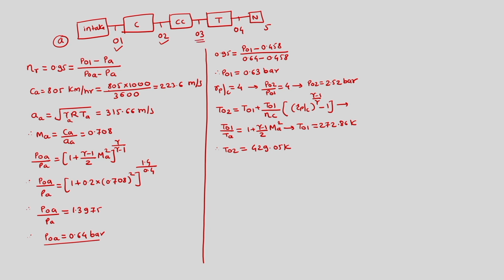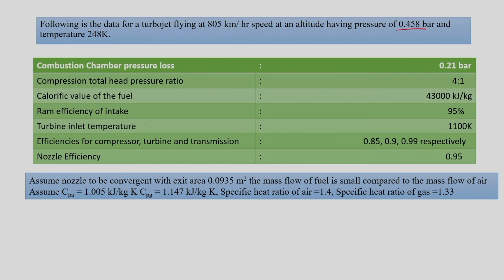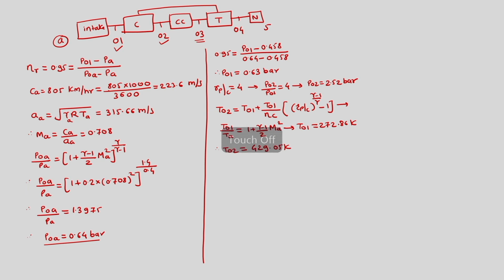So let us move and calculate the conditions for 3 and 4. We are given the turbine inlet temperature as 1100 Kelvin, so we know T naught 3, but we do not know the condition at T naught 4. But we know that there is a transmission efficiency related with compressor and turbine. So compressor work divided by transmission efficiency is equal to turbine work.